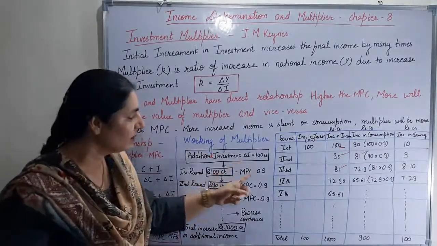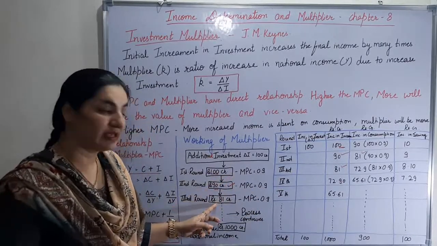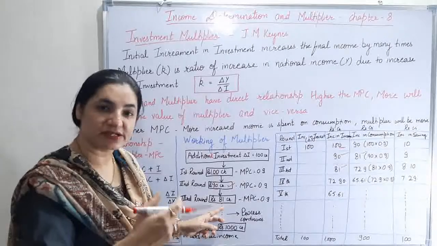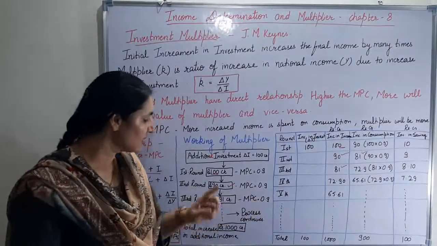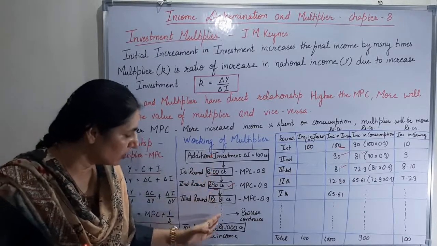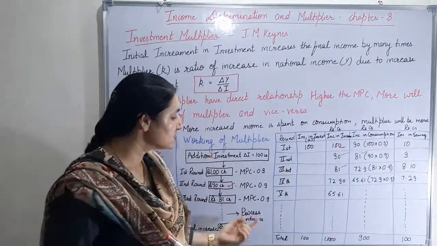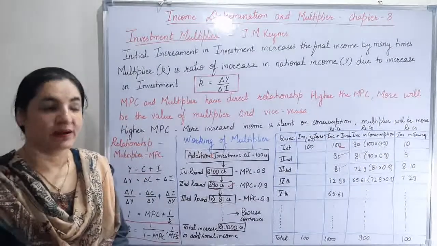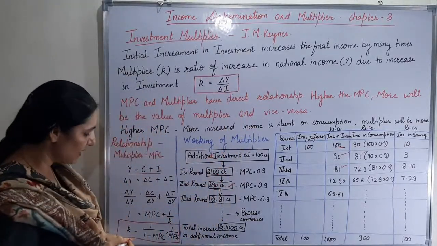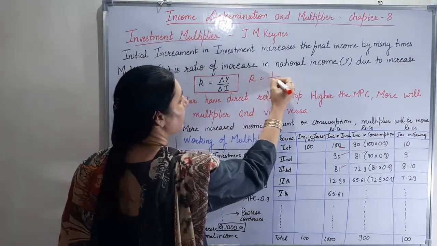Out of this, again 0.9 is the MPC, so 90% is again consumed and income is generated. It becomes the income of another because it is consumed, and 10% is again saved. When we keep going through various rounds, we see that ultimately we get the value 1000 because we have taken MPC as 0.9. When we apply the formula, k is equal to 1 by 1 minus MPC, or we can say k is equal to 1 by MPS.